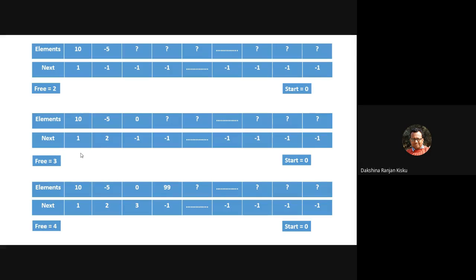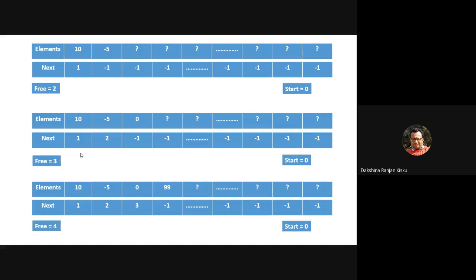Free becomes 3 because from the third index position the spaces are available for insertion. Similarly, when we insert a new element in the elements array at the third index position, free becomes 4, because from the fourth index position the spaces are available in the elements array.